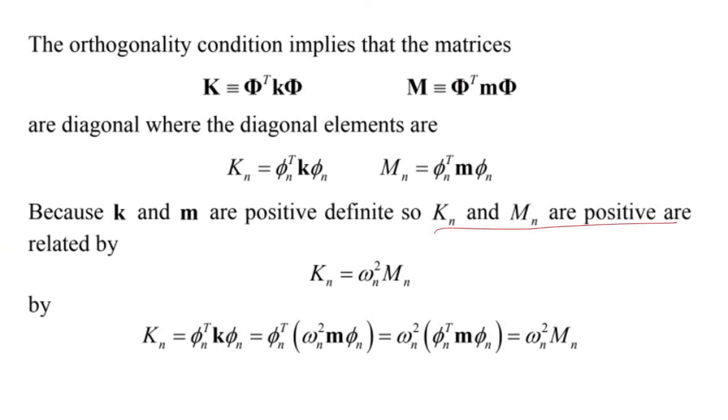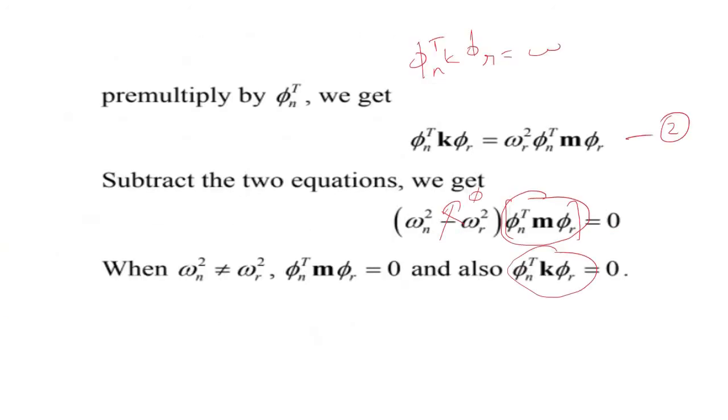This is known as the orthogonality property. So what is the orthogonality property? Phi A transpose into K into phi B is equal to 0. Similarly, phi A transpose into M into phi B is equal to 0. Likewise I can take it.